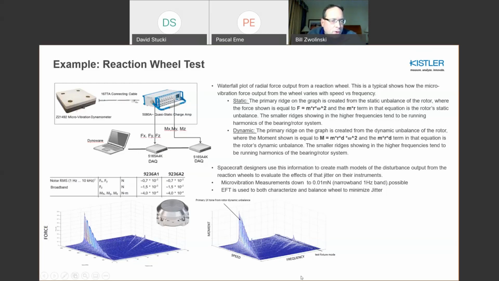These types of waterfall plots really assist in characterizing the performance of a reaction wheel over its full spectrum of operation, and also it's being used in order to assess or determine: is balance adequate? Did it get properly balanced, or how to balance it? So it's used in many aspects in that regard.